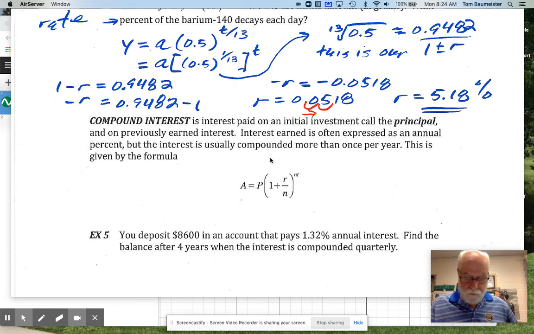This is given by the formula A, which is our amount that we'll have in the bank, is equal to our principal, our initial amount, times 1 plus, because again, it's money, you want it to grow, 1 plus the R, which is again our rate, divided by N, and then it's going to be raised to the N times T power.